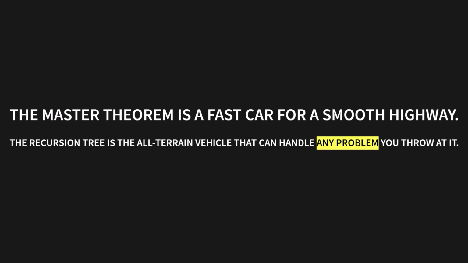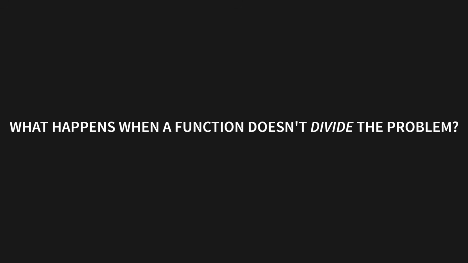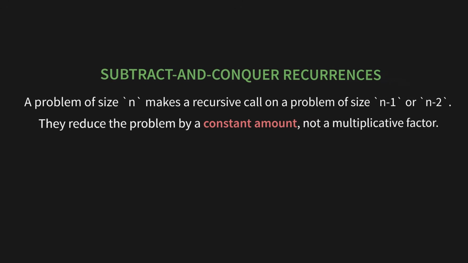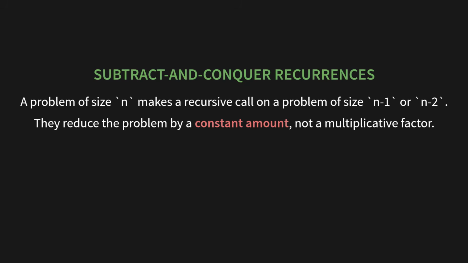Let's venture into some new territory. What happens when a function doesn't divide the problem? What if it just subtracts? This brings us to subtract and conquer recurrences. Here, a problem of size n makes a recursive call on a problem of size n-1, or maybe n-2.